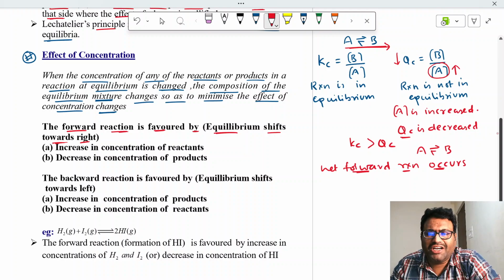No doubt, in a reversible reaction both forward reaction as well as backward reaction occur. But if the rate of forward reaction is greater than the rate of backward reaction, the net forward reaction occurs. Both continue to take place, but the rate of forward reaction is greater, so overall the net forward reaction is happening. That means equilibrium is shifting towards right.